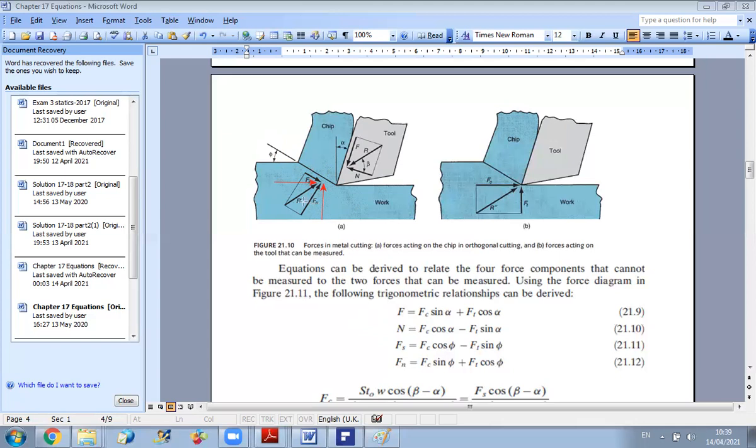Now from your figure, it's clear that the angle between the shear force and Fc is phi. So this is Fc, and the angle of Fc with Ft is equal to phi. So its angle with the other direction will be 90 minus phi.